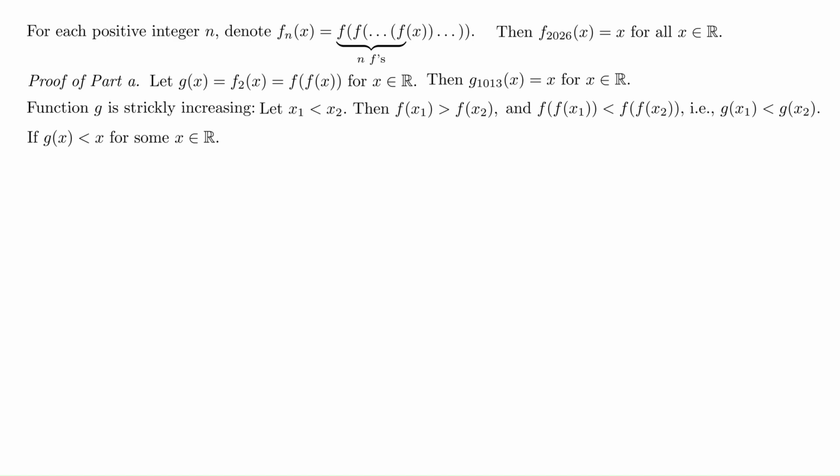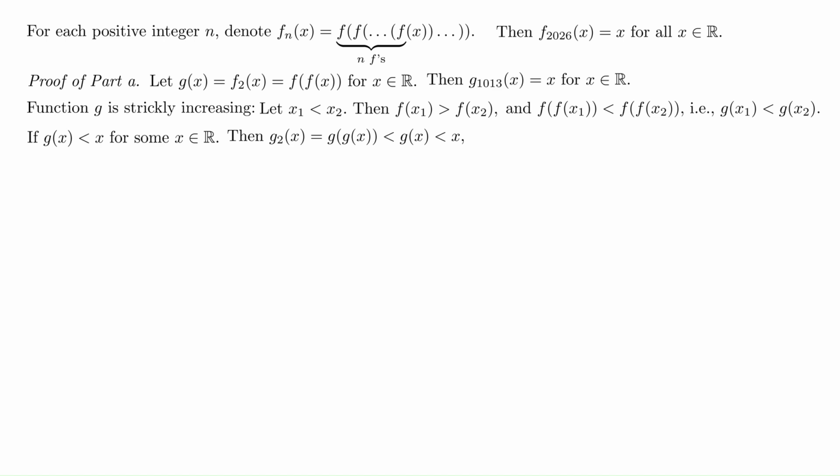Suppose not. For example, assume g of x is less than x for some x. Applying function g on this assumption, g of g of x is less than g of x. g of g of x is simply g^2 of x, and g of x is less than x according to the assumption.